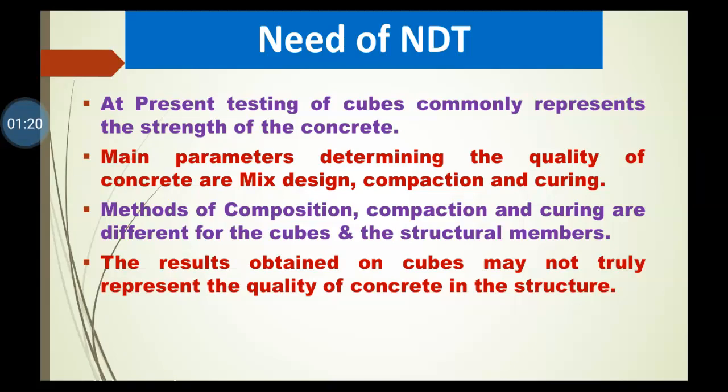But these have some limitations, because in these tests 3 blocks are tested to determine the result, and those blocks are completely destroyed in order to know the result of the test. So in NDT basically no kind of destruction takes place. This is the very simplest method in which the test result can be obtained easily, and it is a very cheap method. So that's why these tests are commonly carried out to know the result.